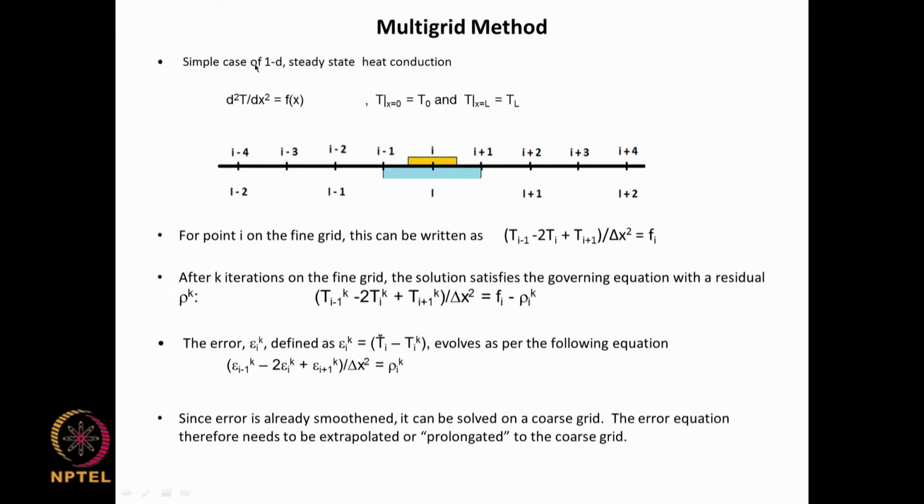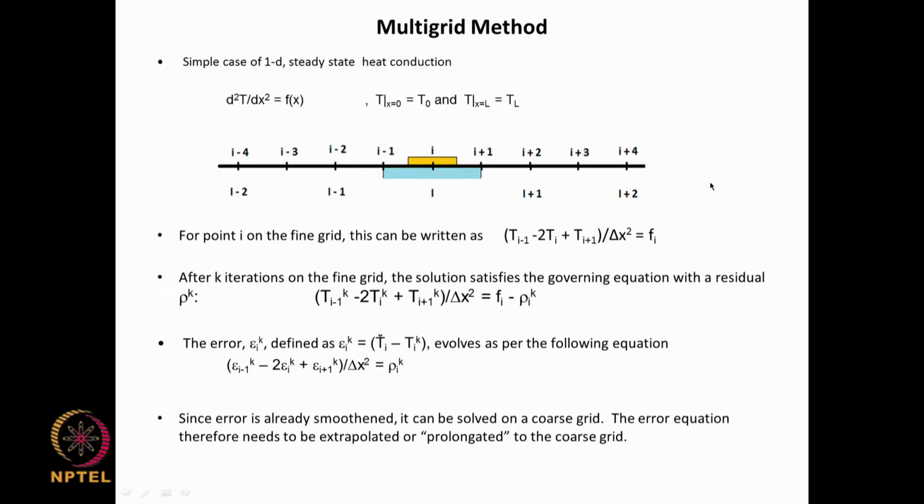We are considering now the 1D steady state heat conduction equation, d square T by dx square equal to f of x, with the boundary conditions that T at x equal to 0 is T naught and T at x equal to L is T L. These two are specified, so that you have an elliptic problem.